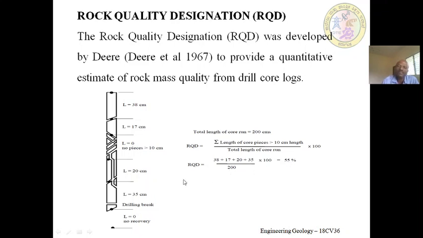This is the analysis of RQD in one run of core.